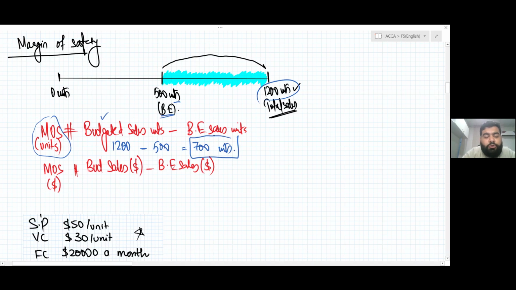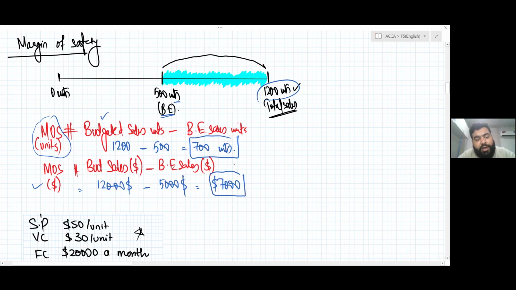But in revenue, just like break even point, where we have done units and revenue, you have to use budgeted sales minus break even sales. If the revenue is $12,000 minus break even sales of $5,000, in dollars we'll write $7,000 is the margin of safety in revenue.